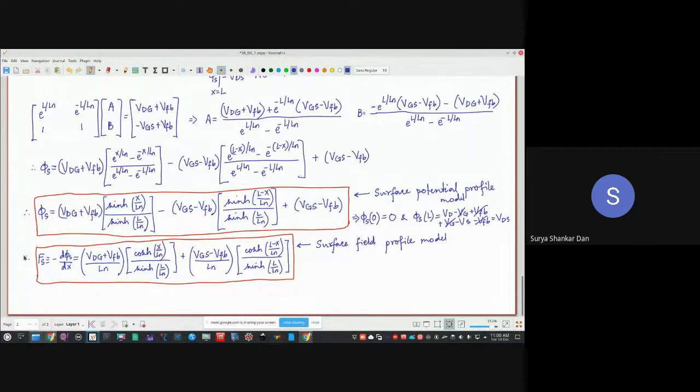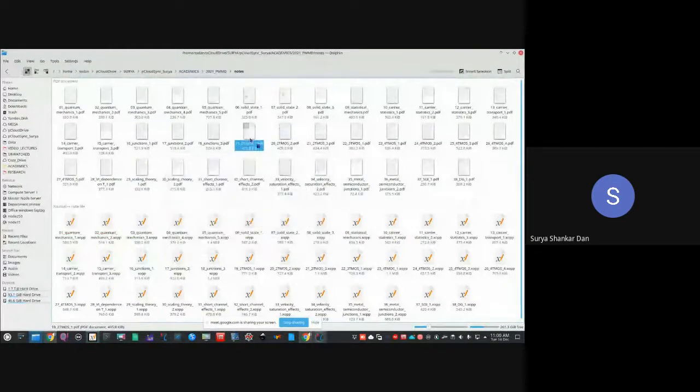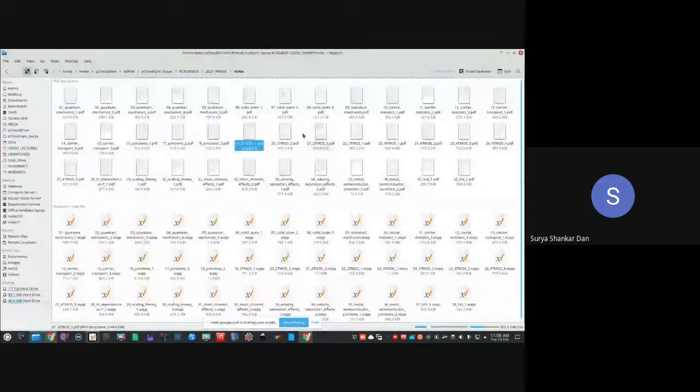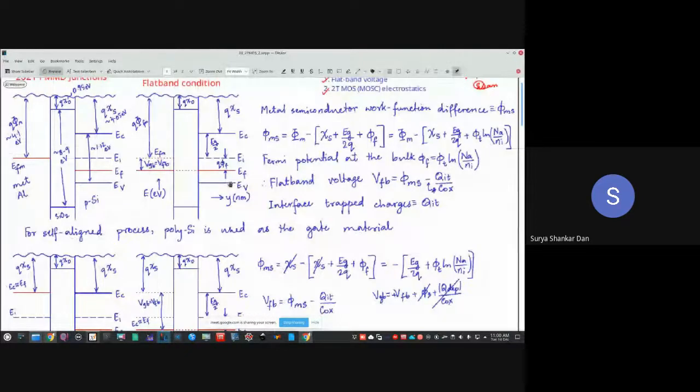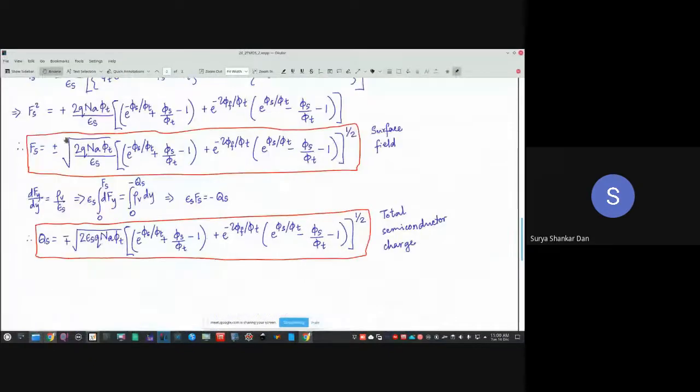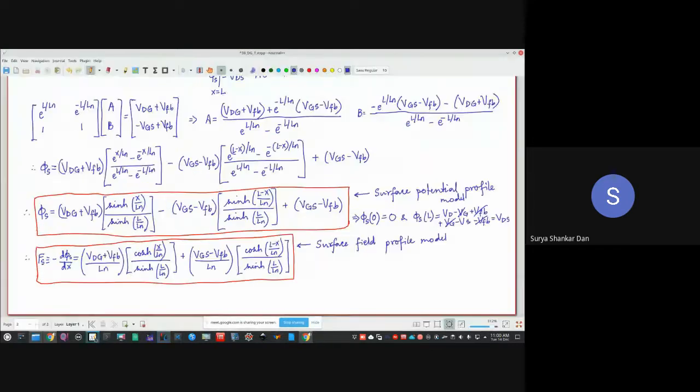So once we have the surface field model, we can go along just the same approach as we did for our standard one. If you notice, we arrived at the surface field and then the total semiconductor charge. We can also do the same over here.